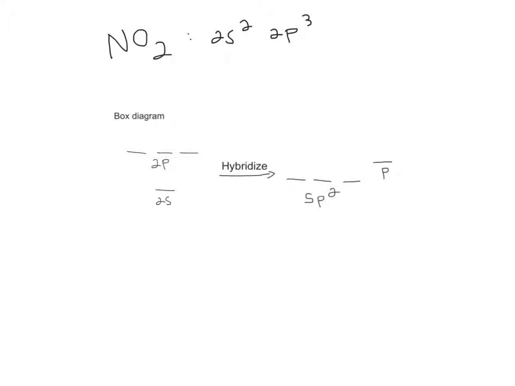So here we are going to start drawing the box diagram for NO2. I've drawn above to show that the electron configuration is 2s2 and 2p3. Those will be the ones that we'll be working with. Those will be the ones that will be hybridizing and bonding. So I'm just going to draw that.